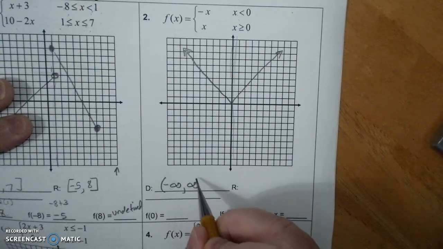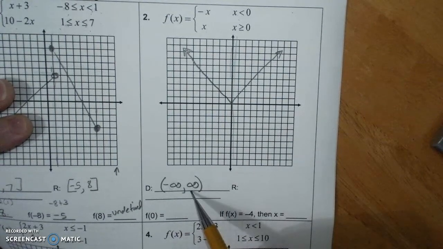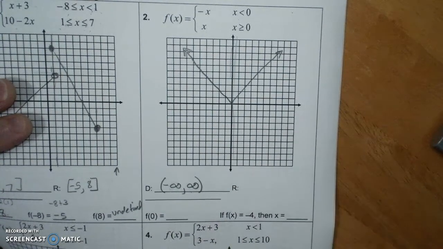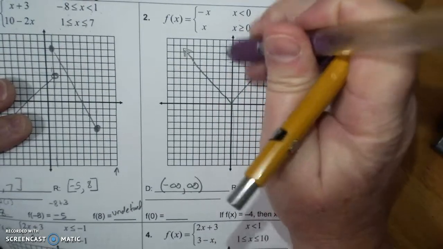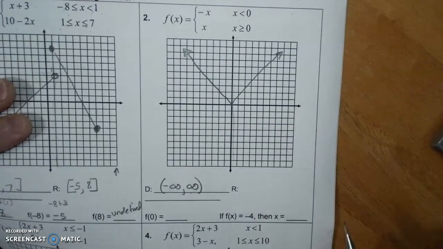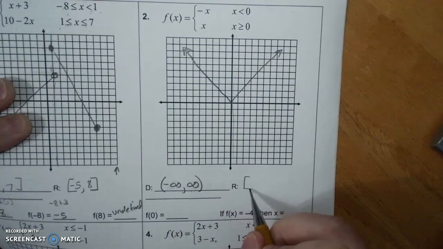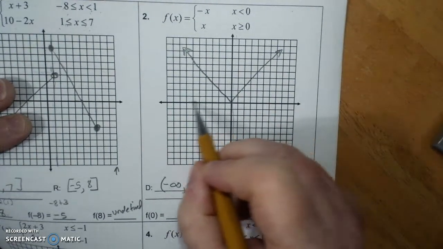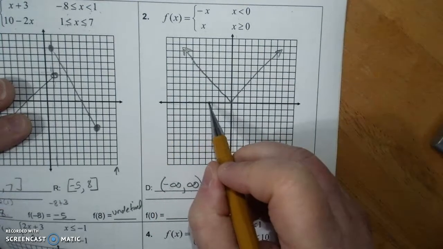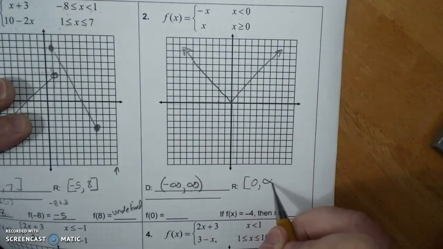If I can plug in anything, then it's negative infinity to infinity. If I asked you where the graph was located, you would say it's located above the x-axis, and it keeps on going. So above the x-axis means y is 0, and then it goes to infinity.